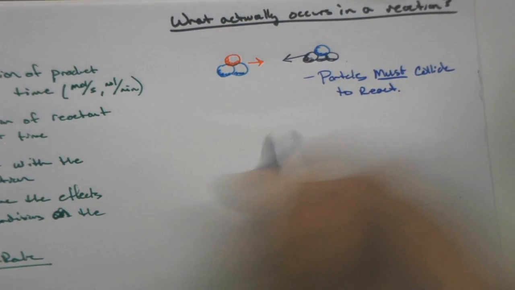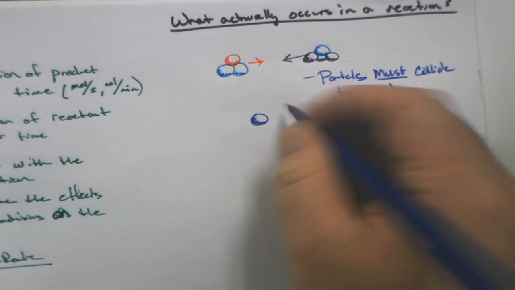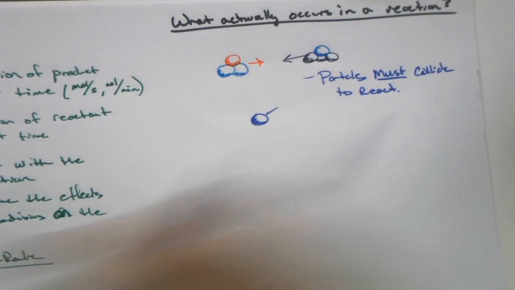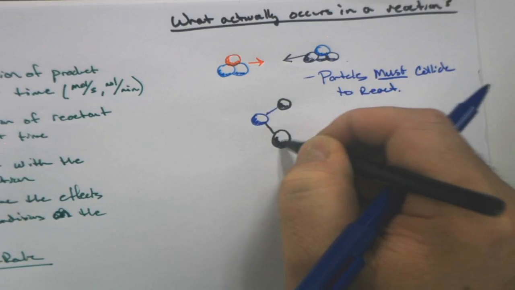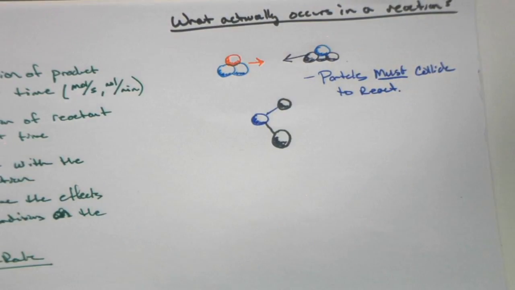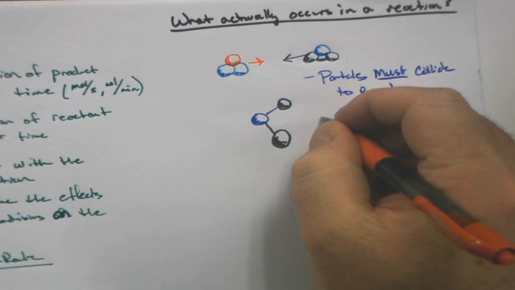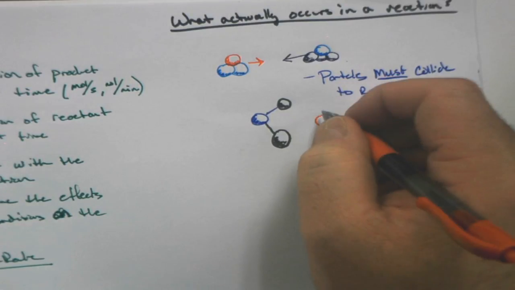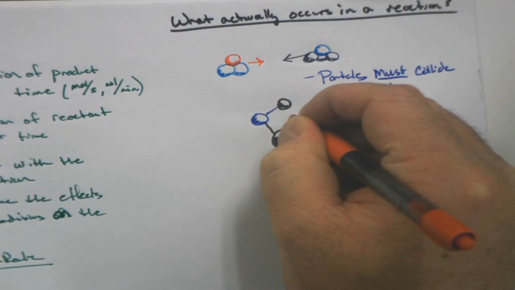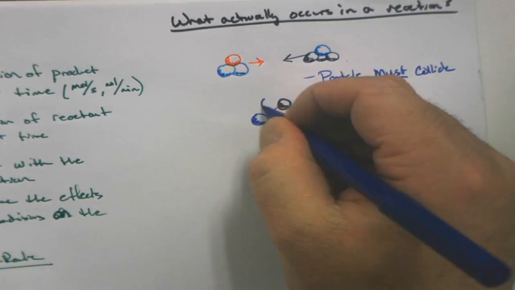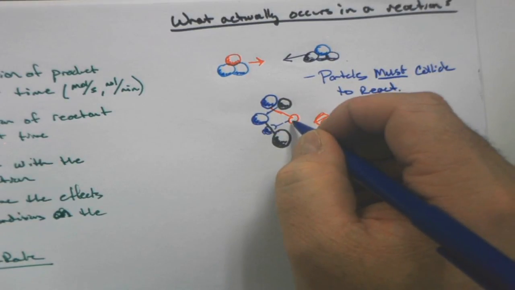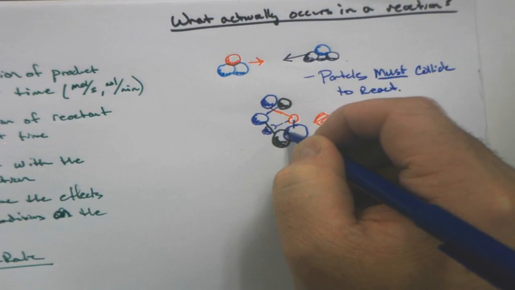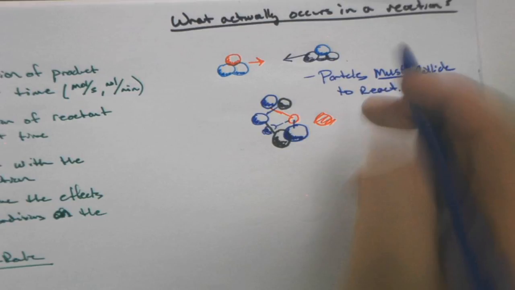So if we get a molecule, and this collides with another, these two molecules actually collide with each other.